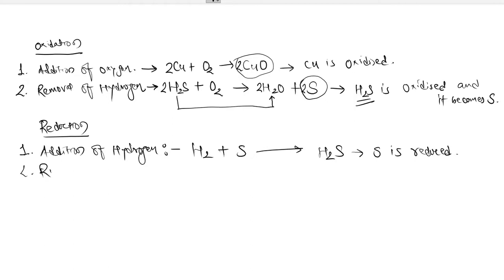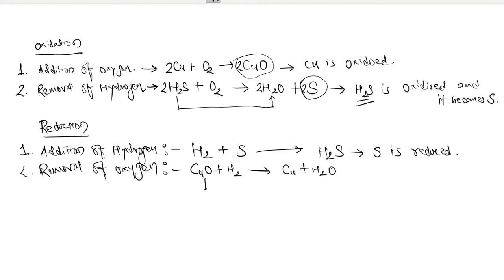Second is removal of oxygen. Removal of oxygen is also reduction. Just opposite of oxidation. Oxidation was removal of hydrogen; here you are removing oxygen. So the equation which I took before, CuO plus H2 gives Cu plus H2O.